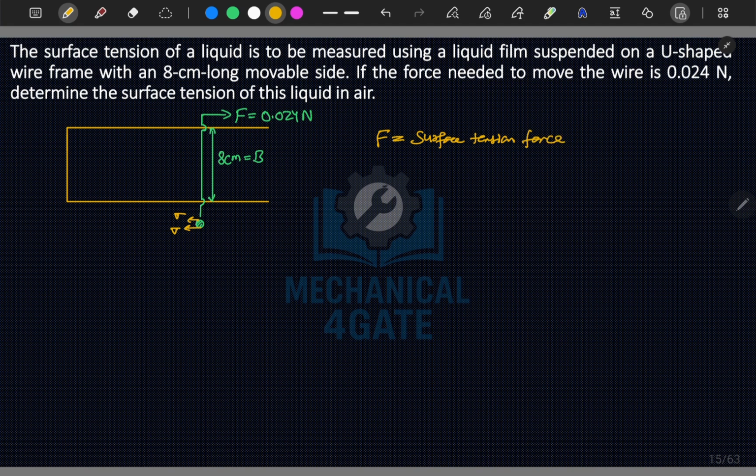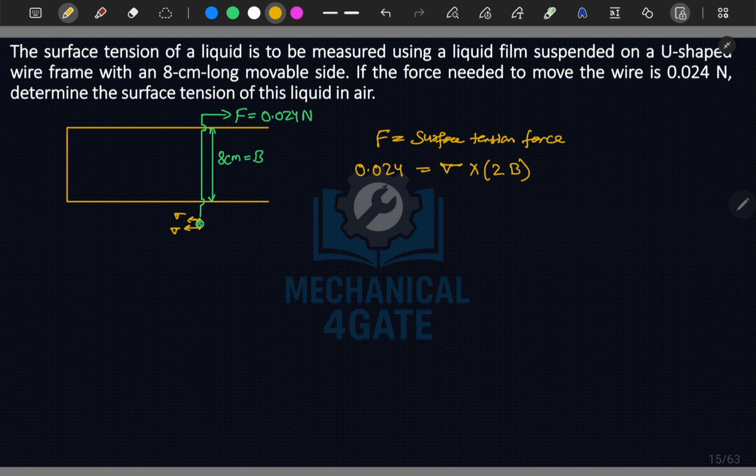The force is 0.024 Newton, and the surface tension force is sigma, the surface tension value which we have to calculate, times the length of action. This length of action should be 2 times B, because the B dimension acts on both the upper side and lower side of the wire.